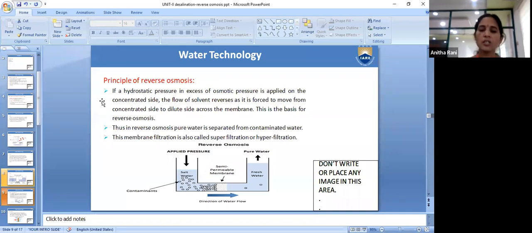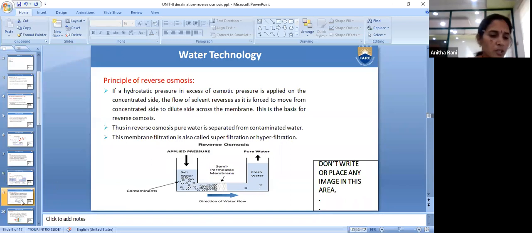How does it happen? We are applying extra pressure on the higher concentrated side solution, so that the flow of water molecules goes from higher concentrated solution to lower concentrated solution.